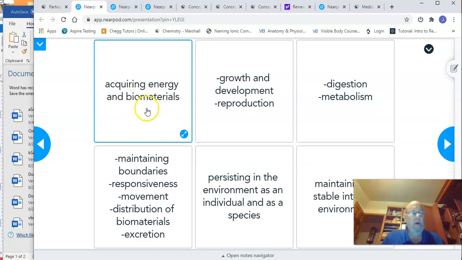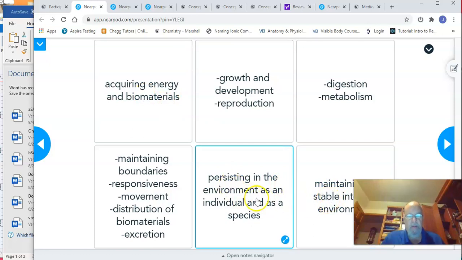What goals does it take to accomplish that? We acquire energy and biomaterials, we maintain a stable internal environment, and we persist in the environment as an individual and as a species. And then we have three sets of functions that accomplish these goals.